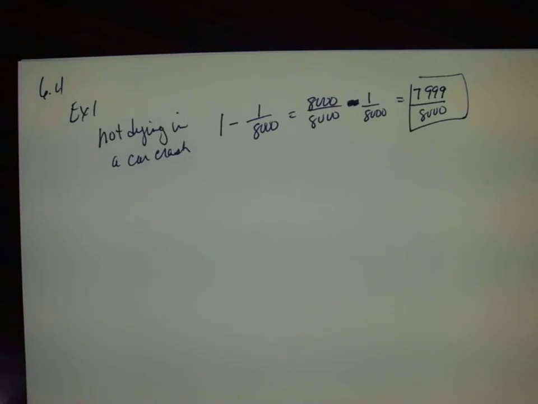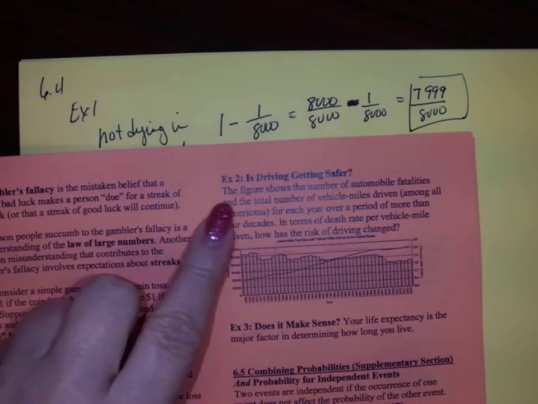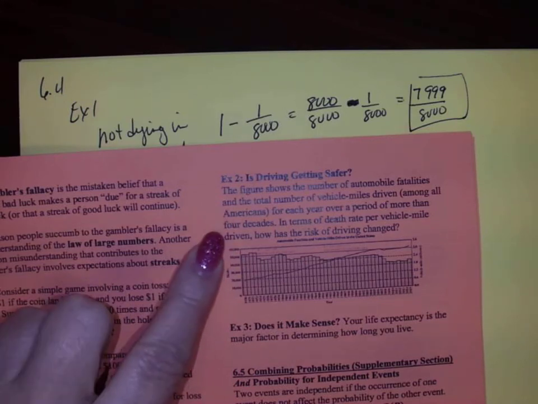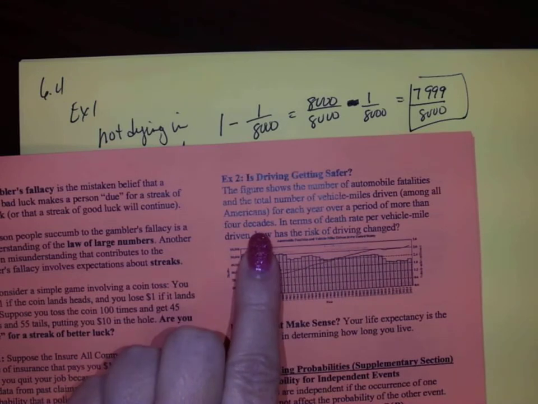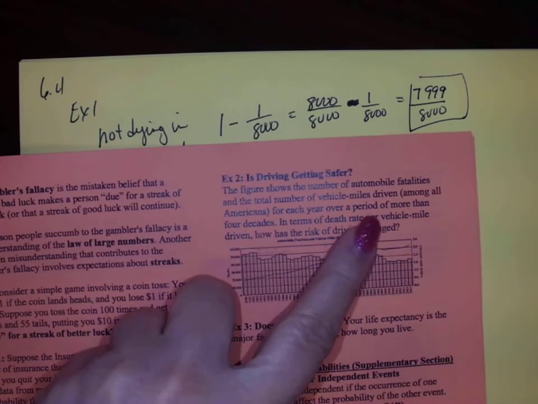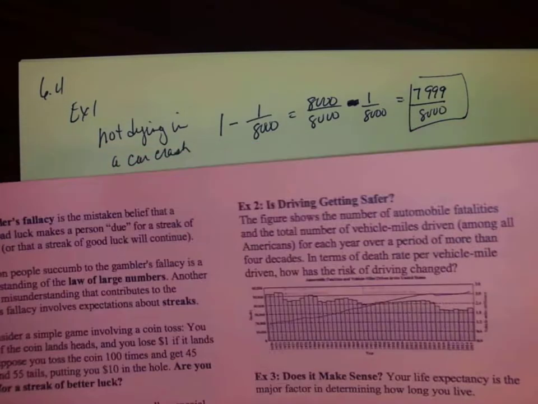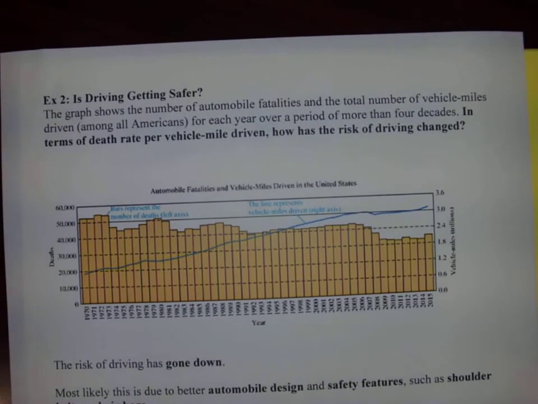All right, example 2. The figure shows the number of automobile fatalities and the total number of vehicle miles driven among all Americans for each year over a period of more than 4 decades. In terms of death rate per vehicle mile driven, how has the risk of driving changed? All right, so I have a bigger graph so we can see it a little bit easier.